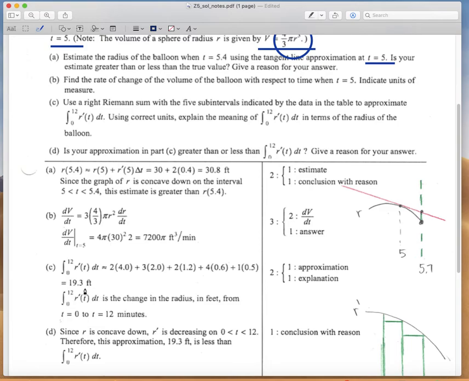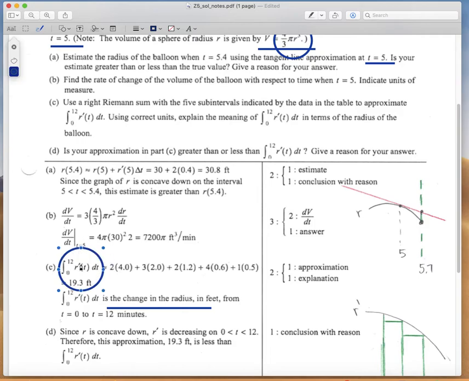So they're trying to give you a clue here as to what this means. What is this? Well, what do you get when you integrate a rate? You get the change. This is the change in r, this integral. That's what that means. I'll say it again. When you integrate a rate, you get the change in the original quantity.